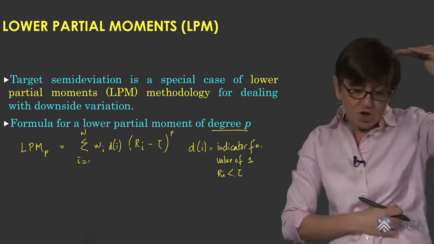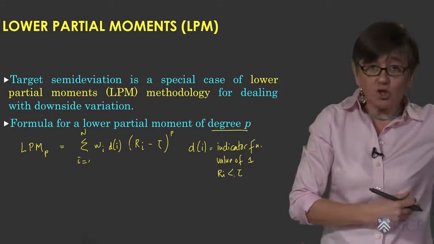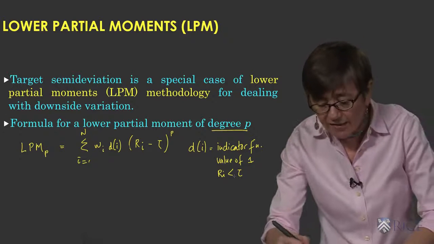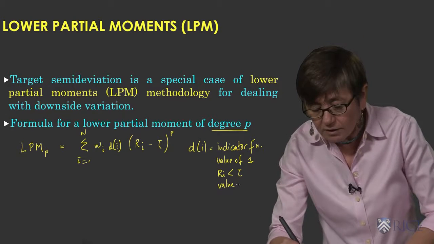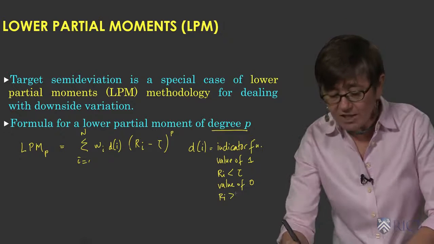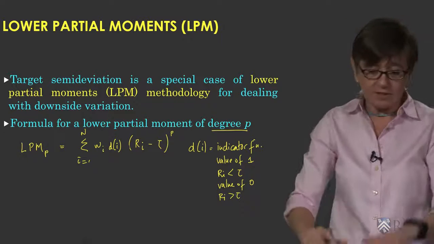That's your threshold, so any shortfall from that is a bad variation. And it takes a value of 0 if the observation is greater than the target, because we don't count that.